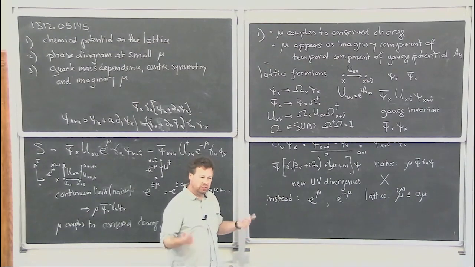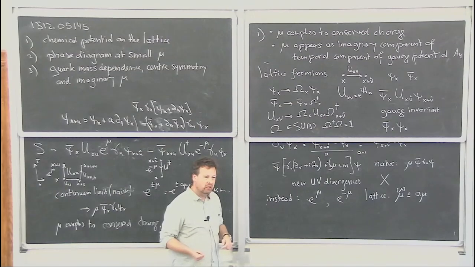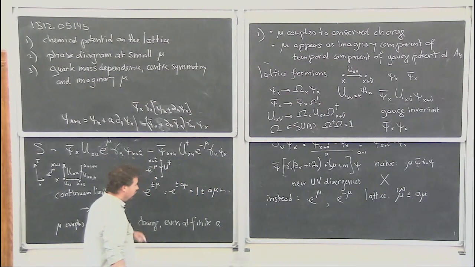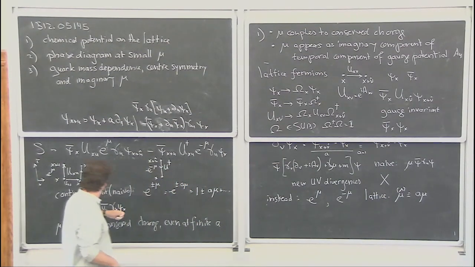And then you take the continuum limit in the Feynman diagrams. Then you find new divergences, which are ultraviolet divergences, which you do not expect. So it's a physical problem, say.